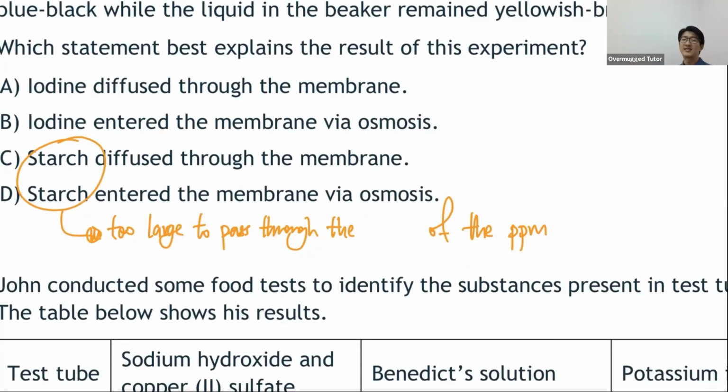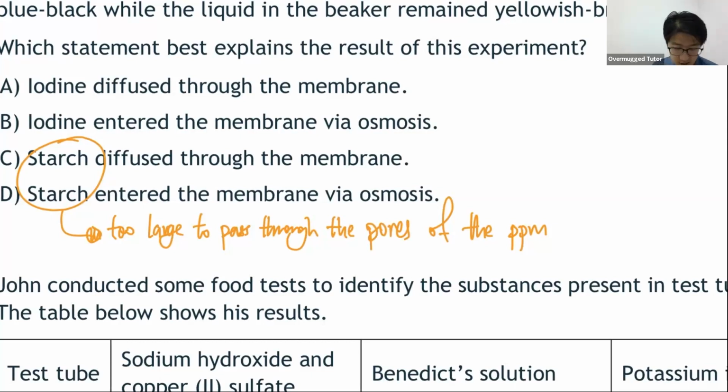What do we call the holes on your face, your skin? Pores. Thank you. So starch molecules are too large to pass through the pores of the partially permeable membrane. Have you seen the word pores before?